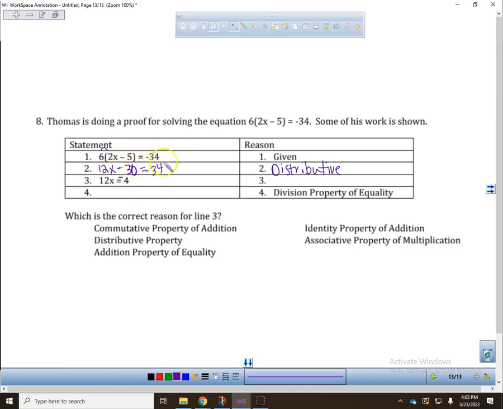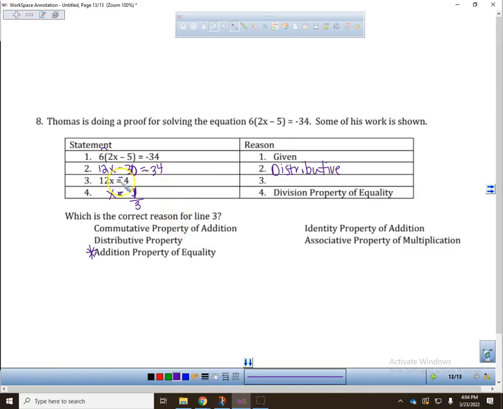But this should be the addition property of equality, because if I add 30 to both sides, so I would say your answer would be the addition property of equality. Then once you get here, we would divide both sides by 12, and we would get x is equal to 1/3. Sorry. Divide by 12, that's 4 over 12, which is 1/3. So x is equal to 1/3.